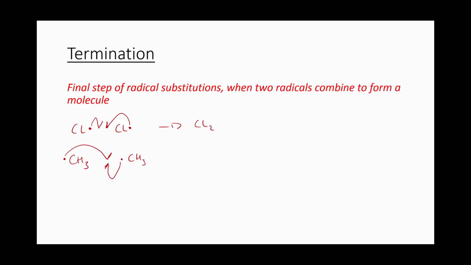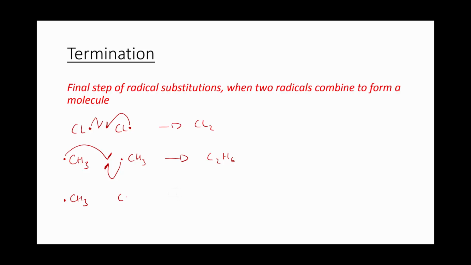It doesn't matter whether the arrows go up or down, it just makes it a little easier to see sometimes. So two CH3s coming together will simply make C2H6, ethane. And the last possibility we can have is, of course, a methyl radical reacting with a chlorine radical.